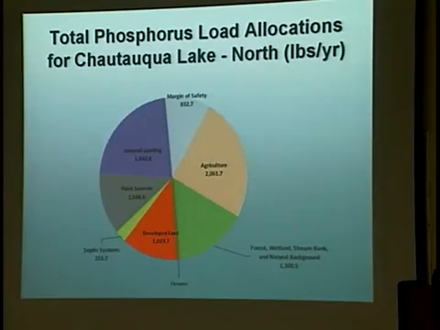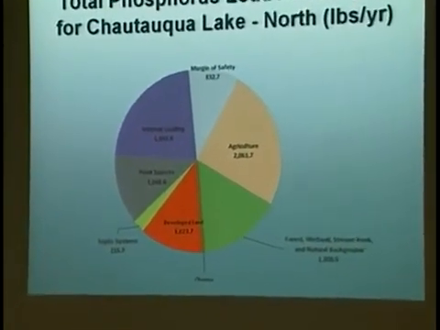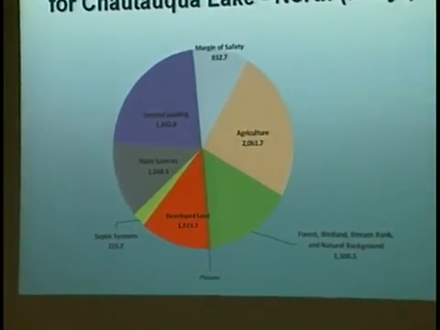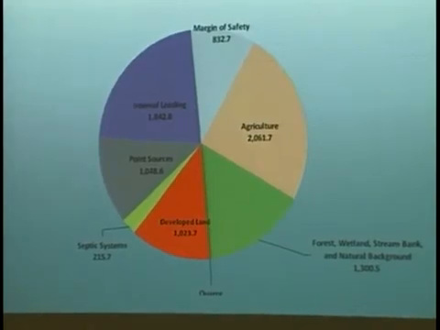Total phosphorus load allocations for Chautauqua Lake in the North Basin. Right here, they're estimating, as I said, phosphorus can come from the land and organics, but the change in how much of this material and nutrients are getting to the water body has increased significantly in a very, very short period of time.